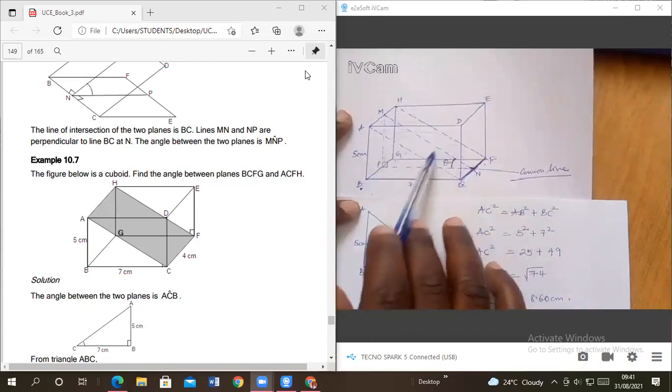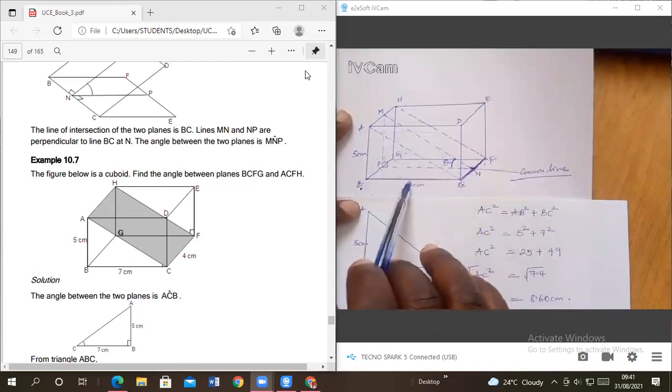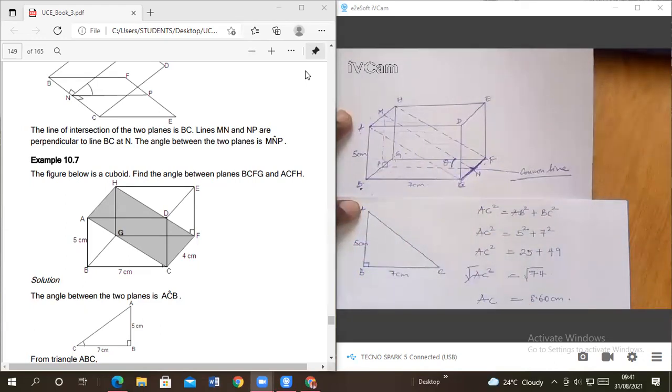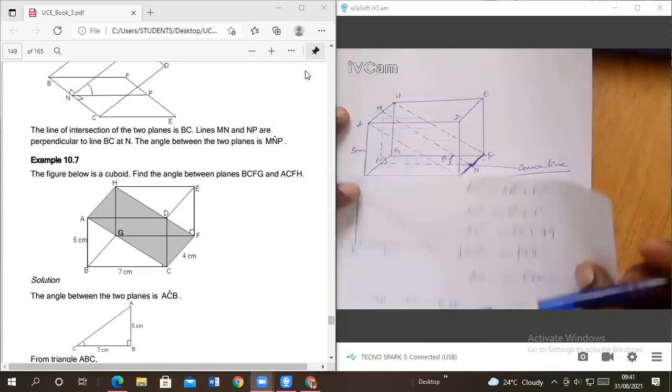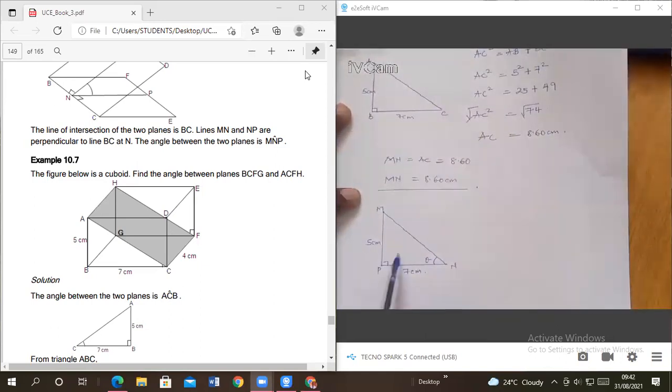MN bisects the upper plane into 2, and PN bisects the lower plane into 2. So the angle between those two lines is the angle between the planes. For us to determine that angle theta, we are going to use the Pythagoras theorem and find theta. So this is MN and this is PN, angle theta.